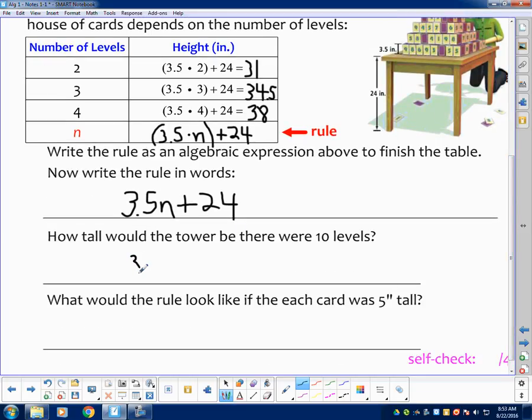That would be 3.5 times 10 plus 24. 3.5 times 10 would be 35, plus 24 would be 59. So it would be 59 inches.